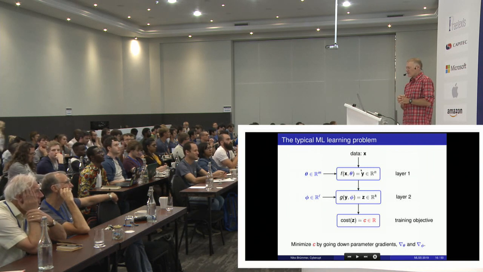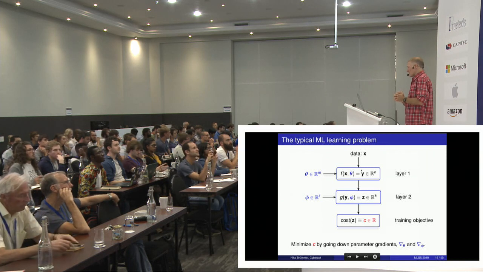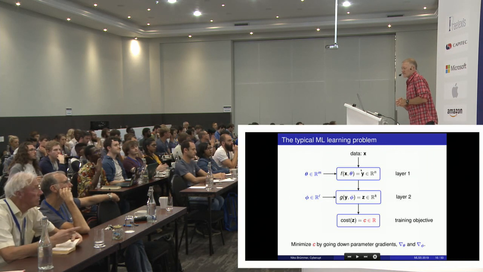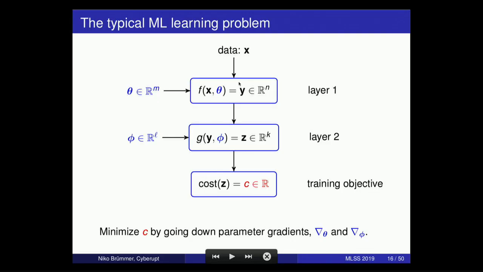And of course, you can have more than 2 layers. I've only got 2 layers here to make the notation easier. So what's going on here is function composition. The functions I have here, f and g, map both their input and the parameters to their output.